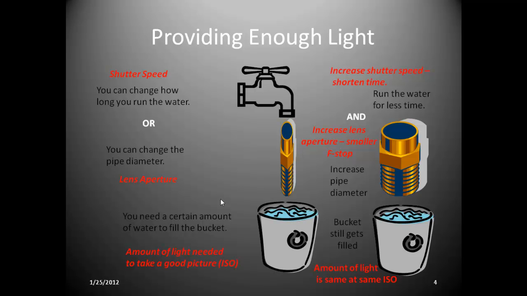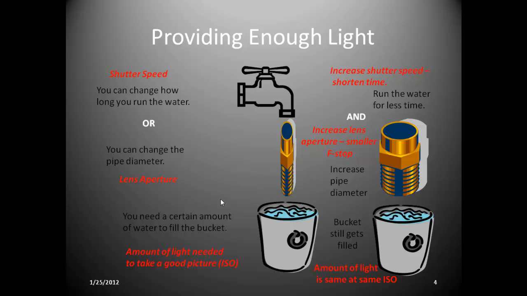There is also an S or a TV on your dial on top of your camera. That stands for shutter preferred. In that case, you, the photographer, decide how long you want the lens to stay open, and then the camera, for that ISO that you have set, will adjust the aperture, or how wide the lens is open, so that you get a well-exposed picture.